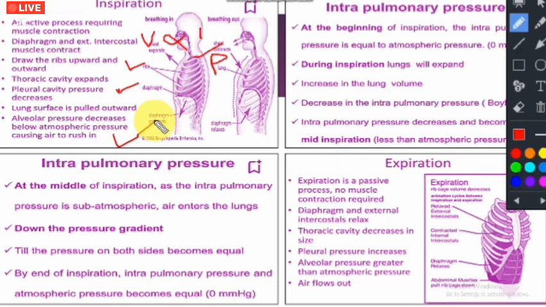So what we have here is that when you are taking in air from the atmosphere, muscles contract. Thoracic wall moves upwards and what? Outwards. Respiratory volume does what?